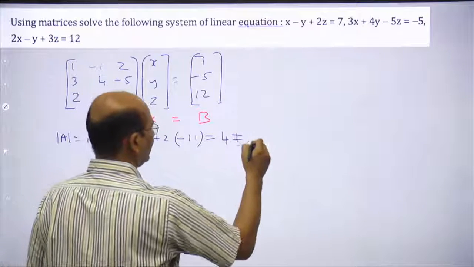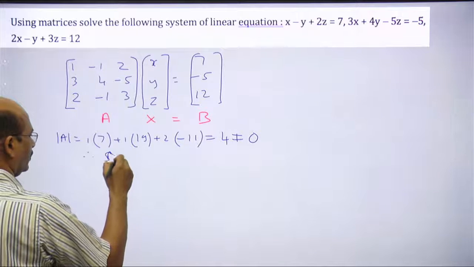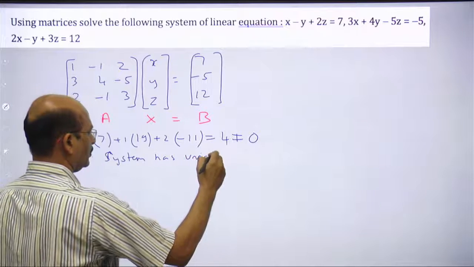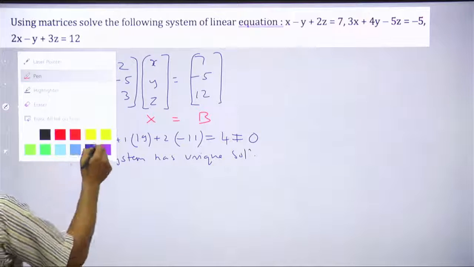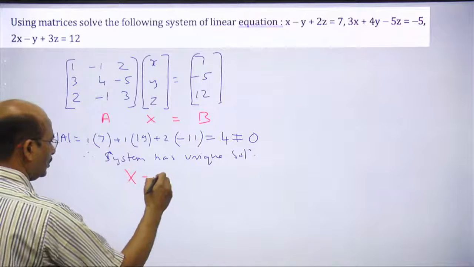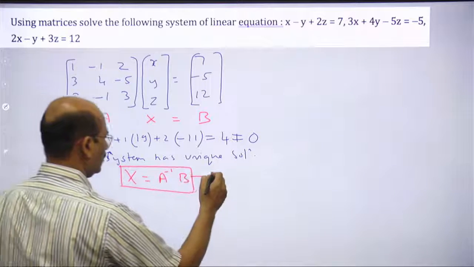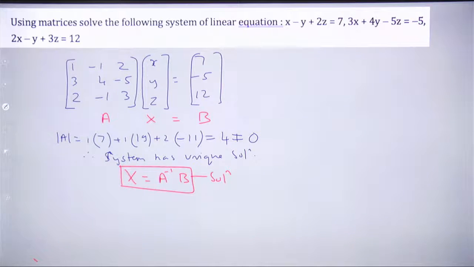Can you confirm the determinant value? Can you confirm the determinant value, please? Quickly do it.